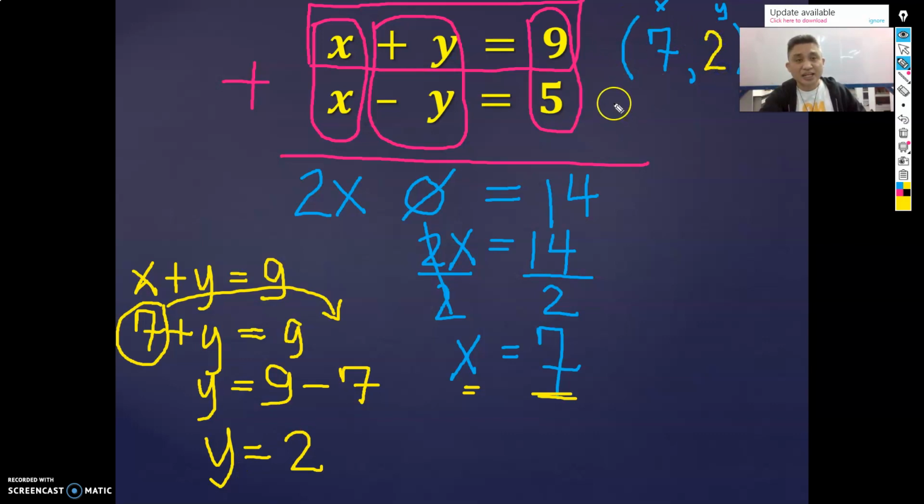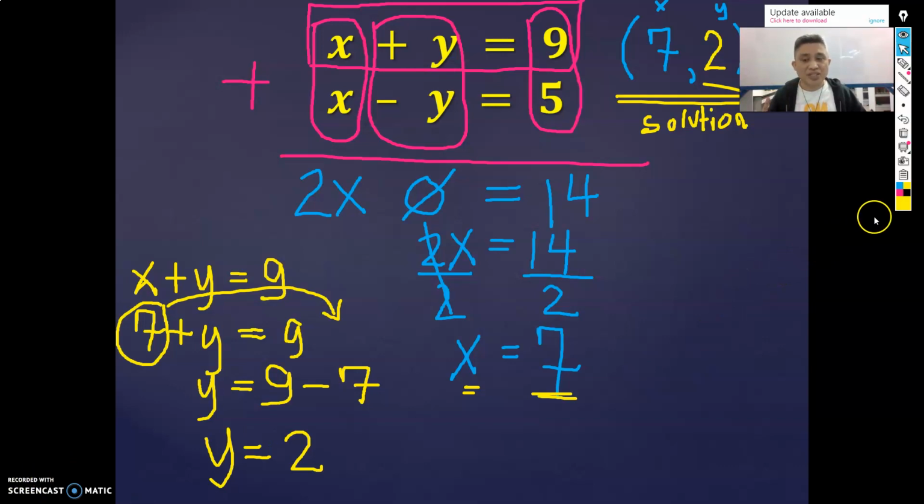So, this is our solution, or another term, the intersection. This is example number 1.